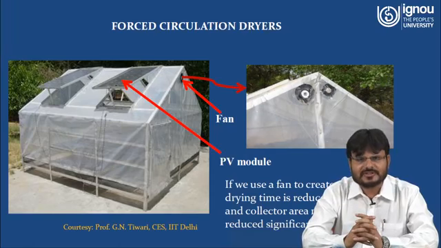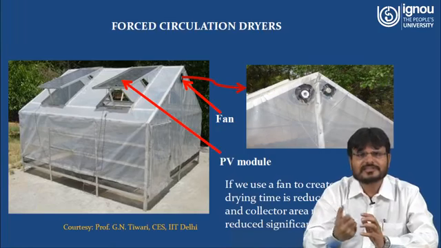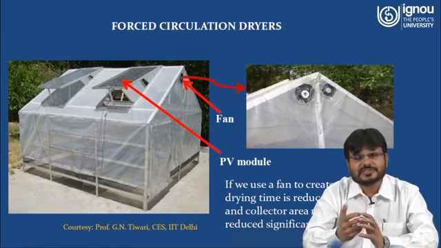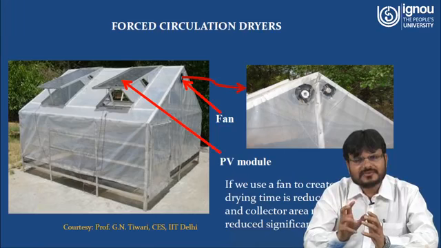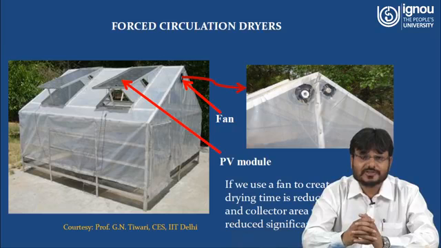Mass flow rate is denoted by m_f, and it is rho A V. Rho is the density of the air, A is the area from which the air is coming out, and V is the velocity of the air coming out from the chamber. Rho is fixed, and once the area is made, the area is fixed. What you can control is the velocity of the air.